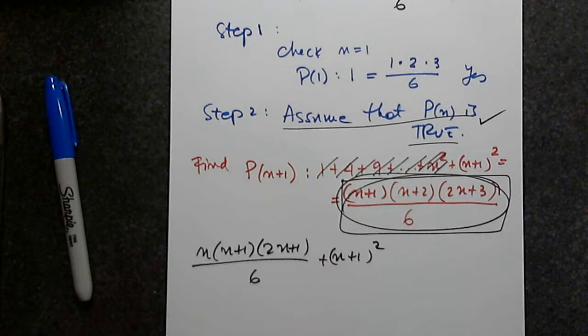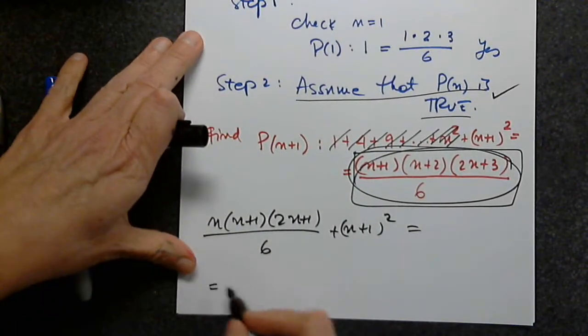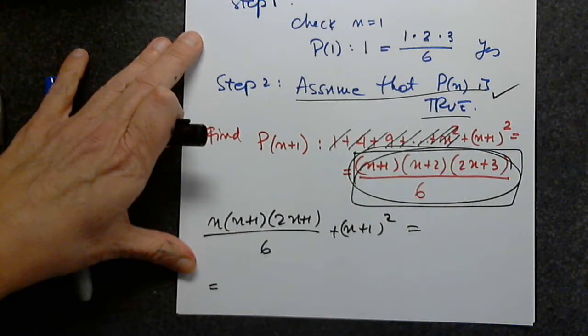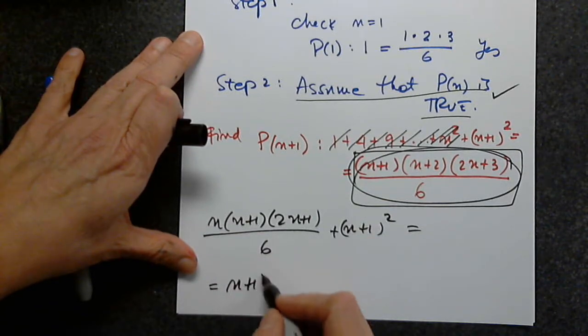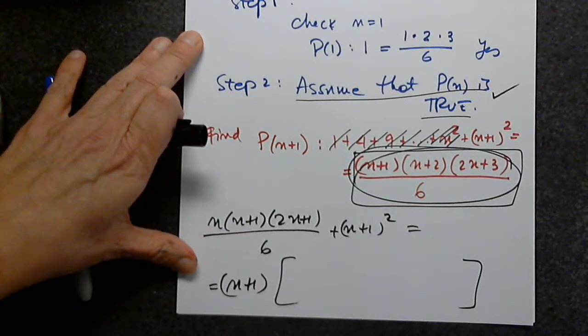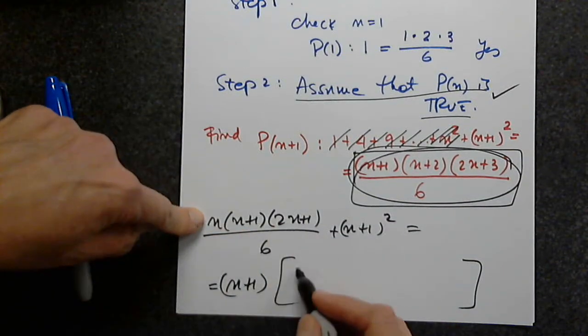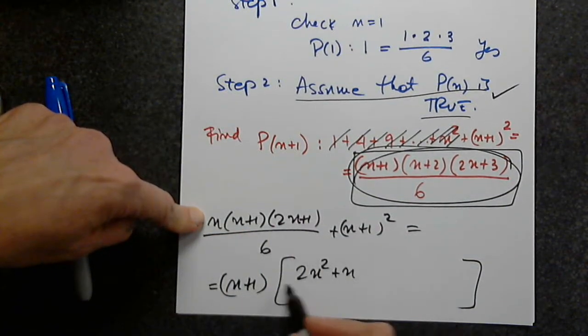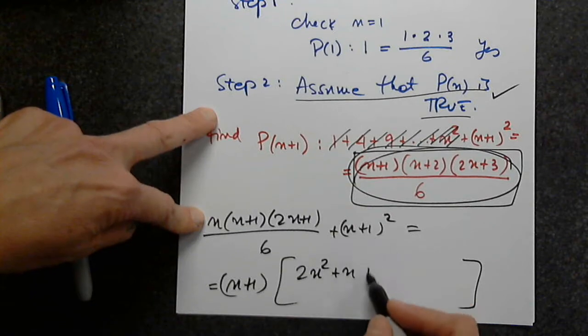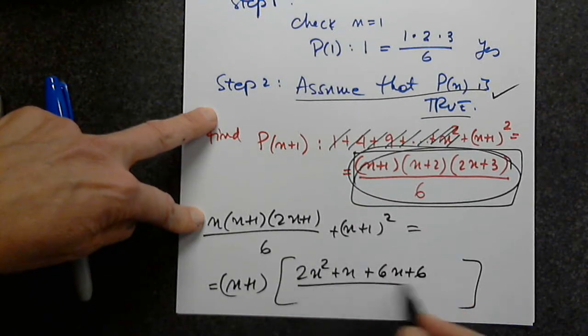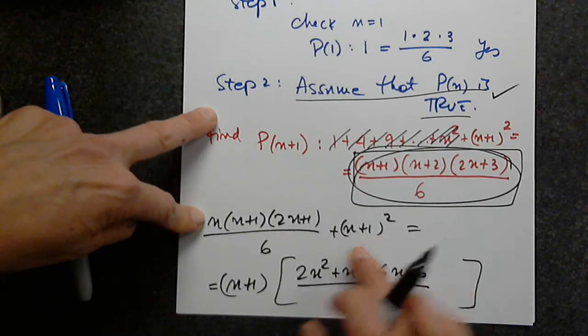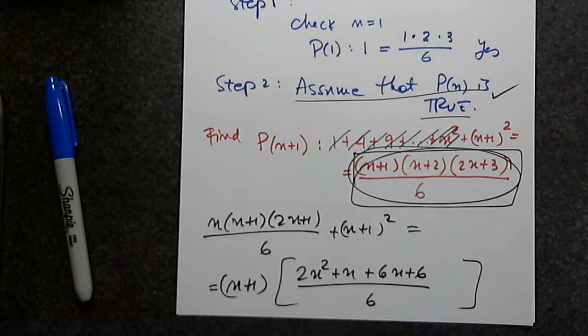So then I will definitely do something here, which is factor out n plus 1. Then I distribute: 2n squared plus n divided by 6, and plus 6n plus 6 over 6, because I only have an n plus 1 that needs a 6.